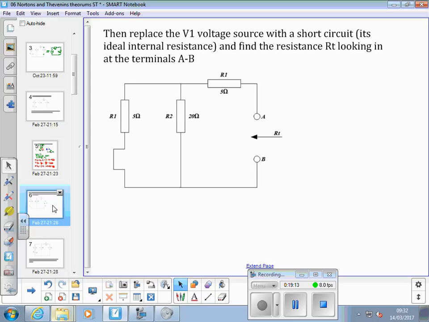I've replaced it with a short, or just drawing it around the volt source. I calculate what the resistance is looking back in here, like an ohm meter, those two terminals.